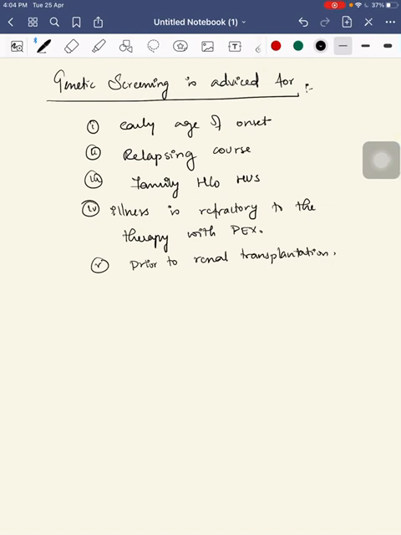These are the conditions in which you will be advising genetic screening.